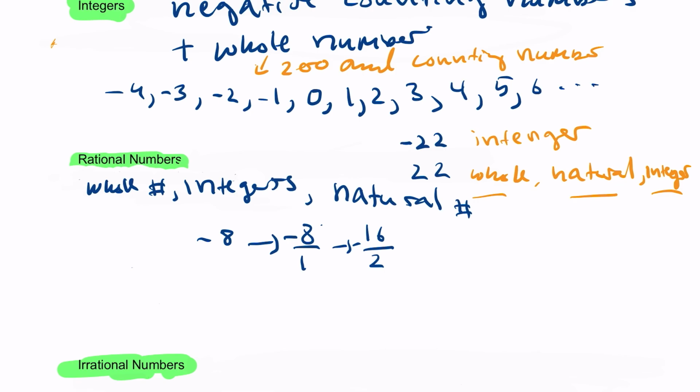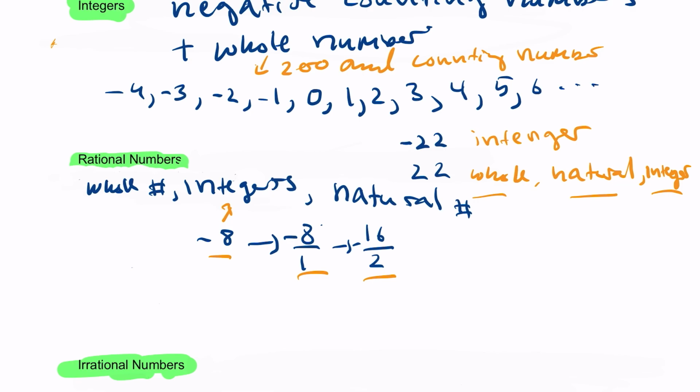We need to keep the negative because -8 is an integer. This one is a rational number because we turned it into a fraction and it works. So -8 is a rational number. -8 could also be an integer. But it cannot be a natural number, because the natural number, remember, is a counting number only. A whole number is a counting number and 0.